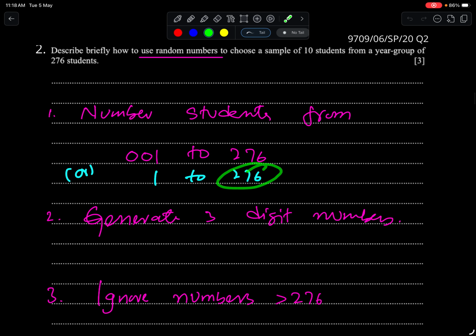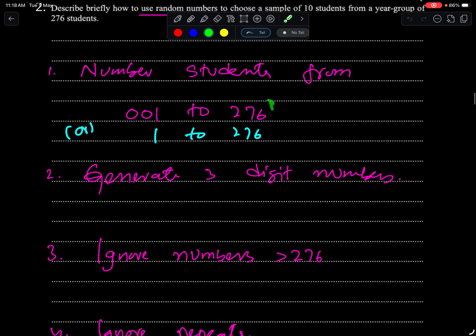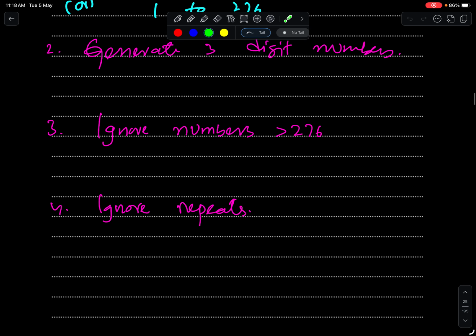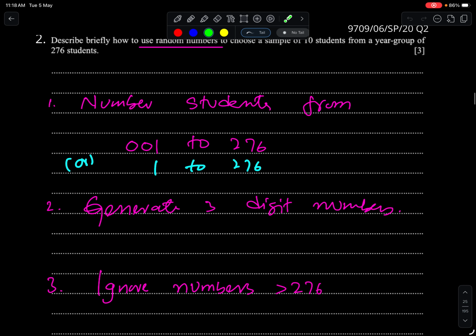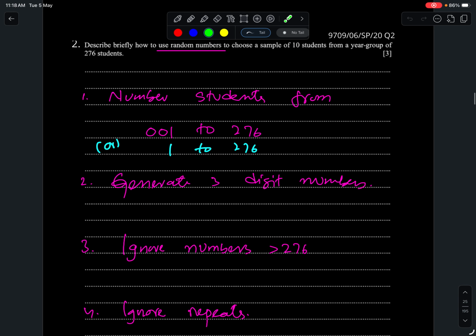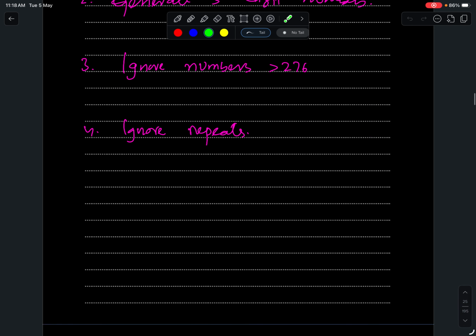Generate 3-digit numbers. This is the second point. Ignore numbers greater than 276. Ignore repeats. That's it. Just write these 4 points. This is the way to select a sample by using the random numbers method.